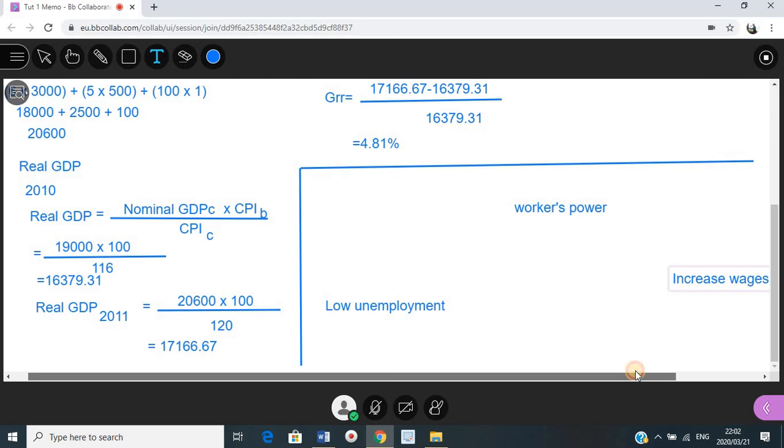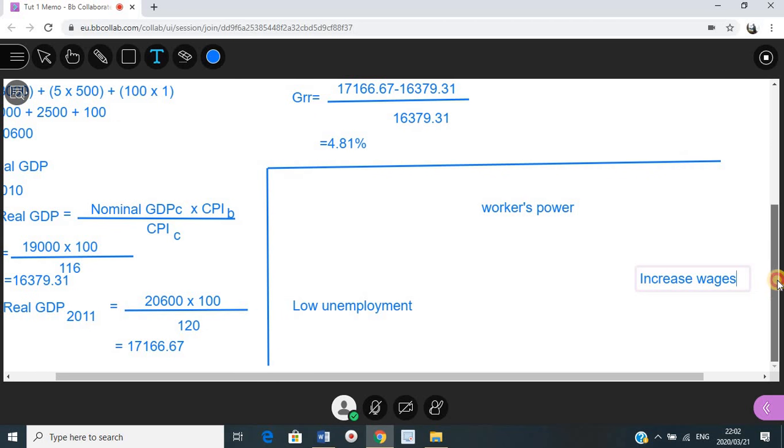Okay, if they increase the wages, what's going to happen in terms of purchasing power parity?